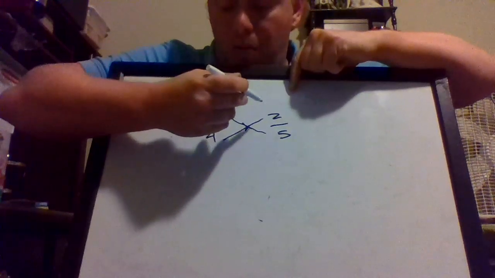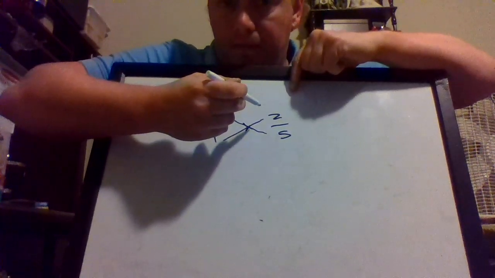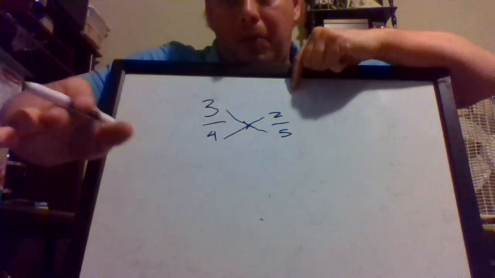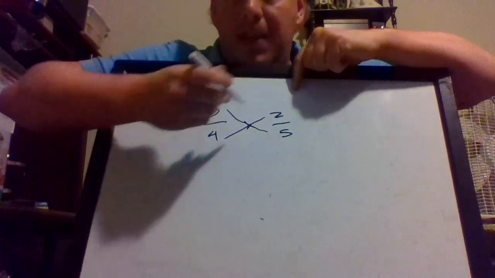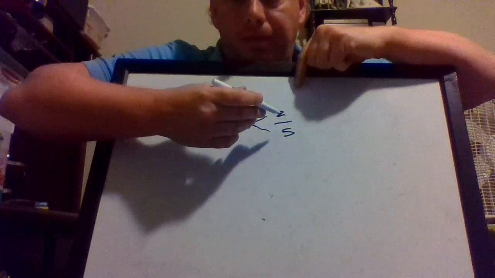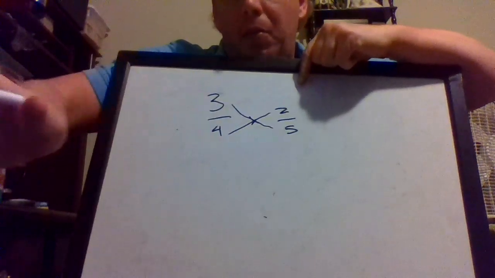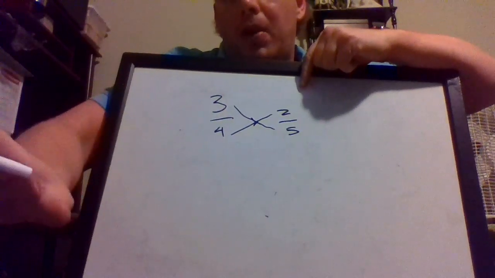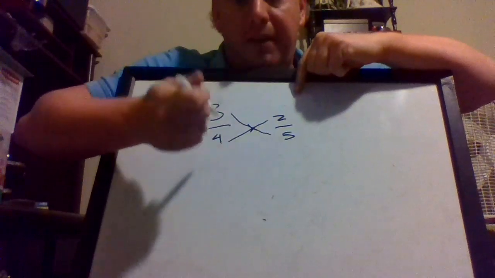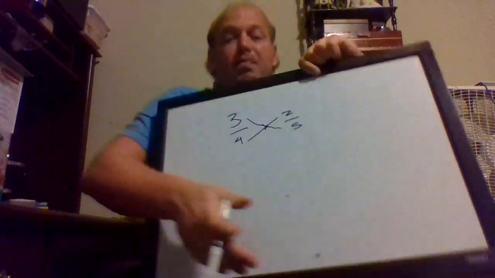But 2, I got that backwards. 4 is a multiple of 2. But if you want to consider it in another way, 2 is a factor of 4. So, what does that mean? Why does that matter? Well, here's why it matters, and here's what we're going to do.